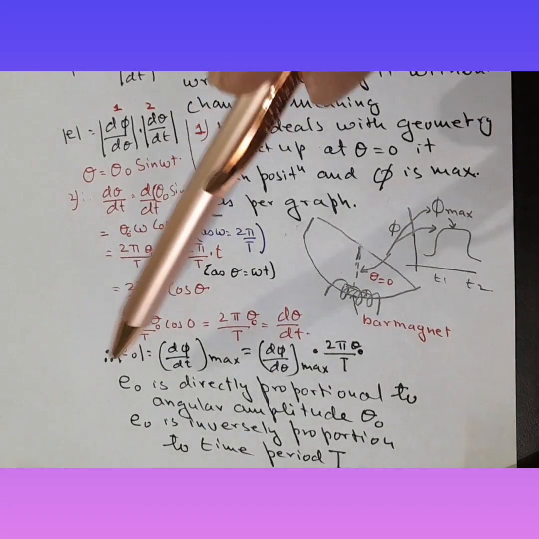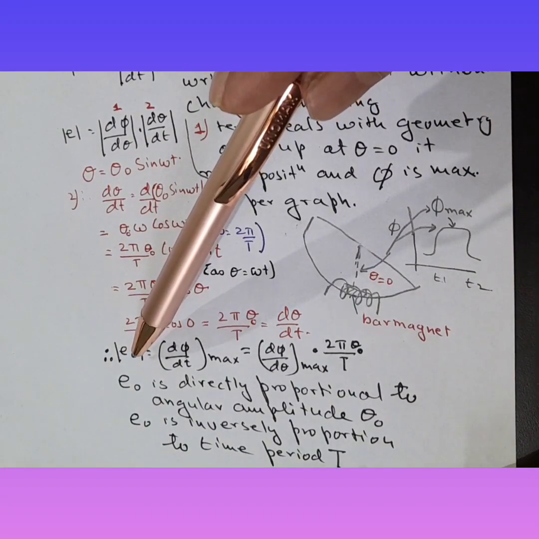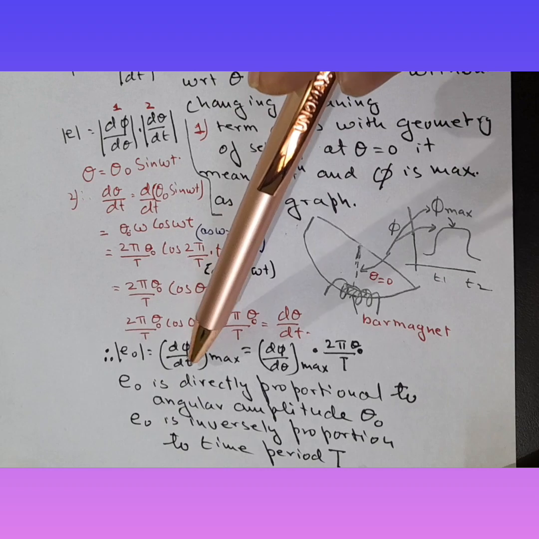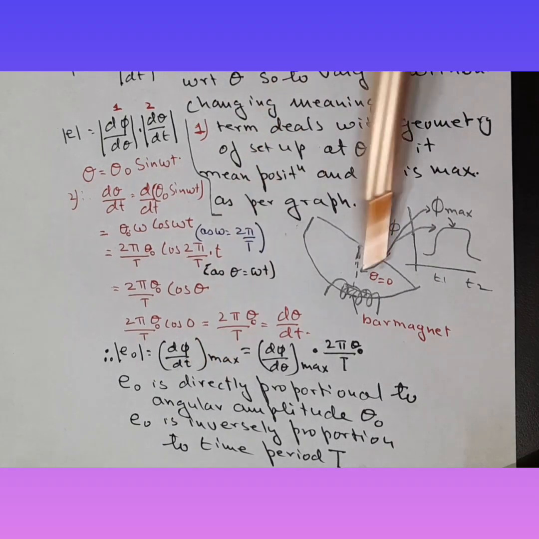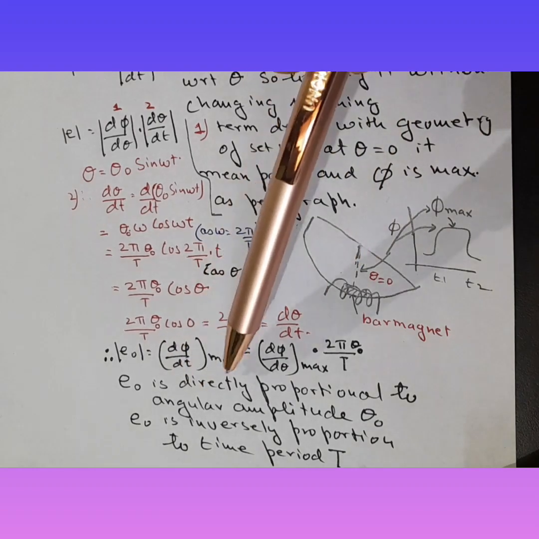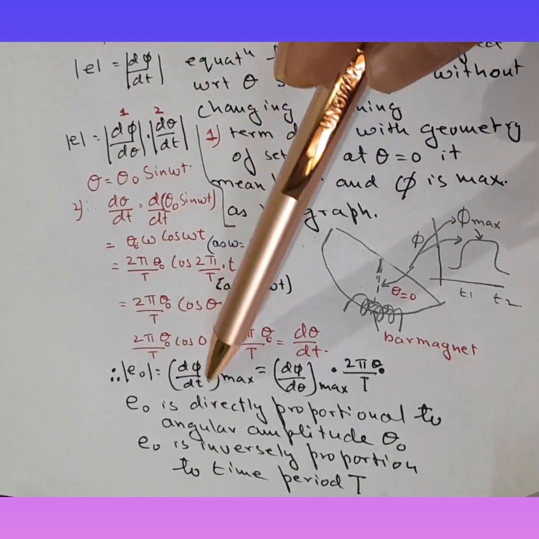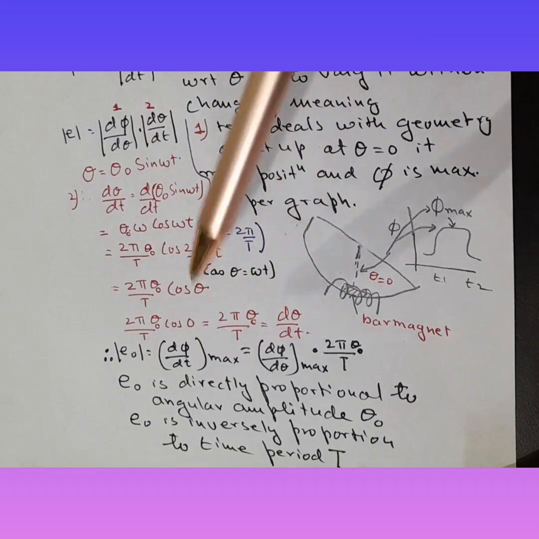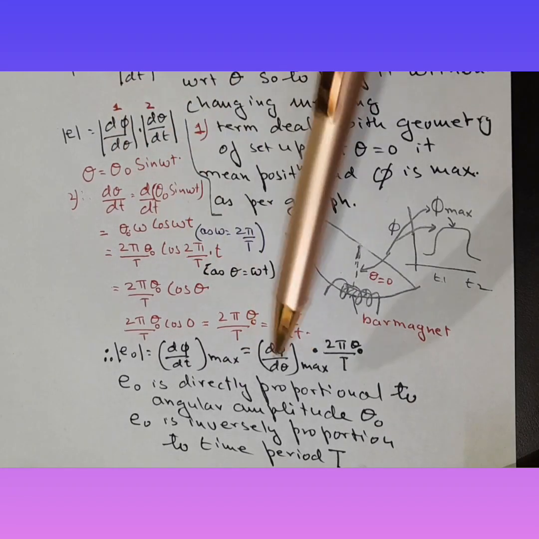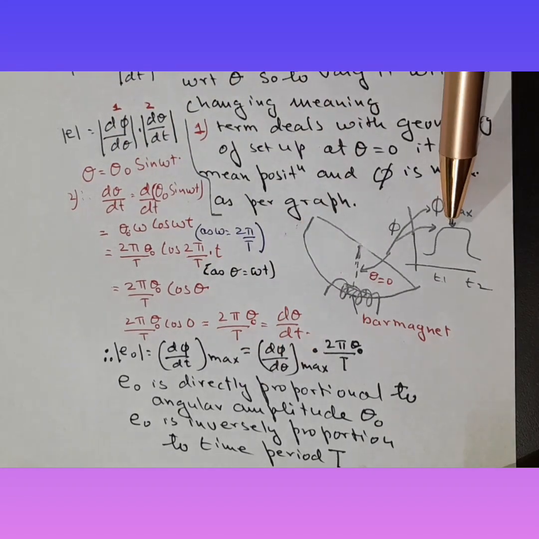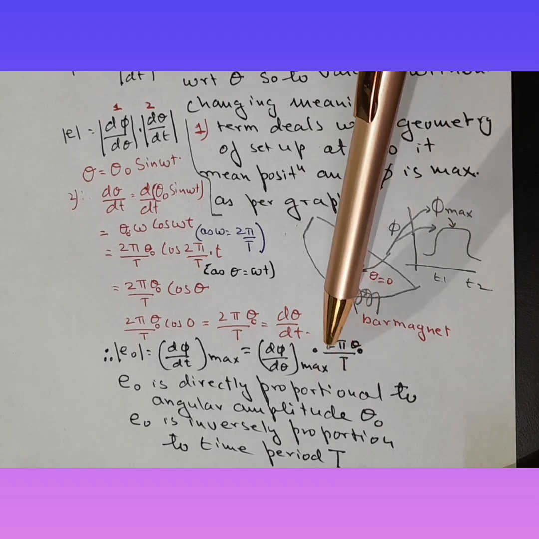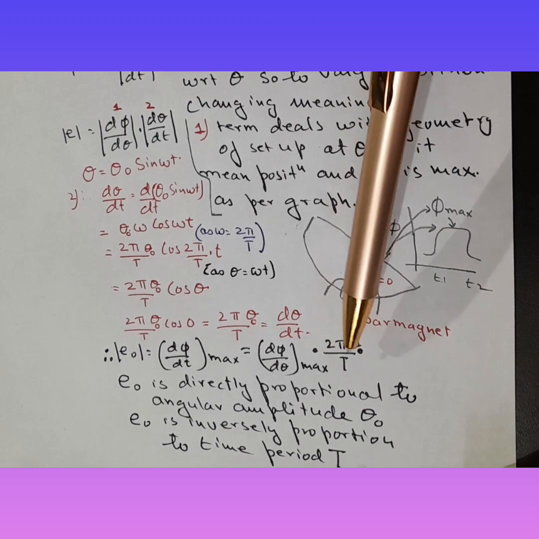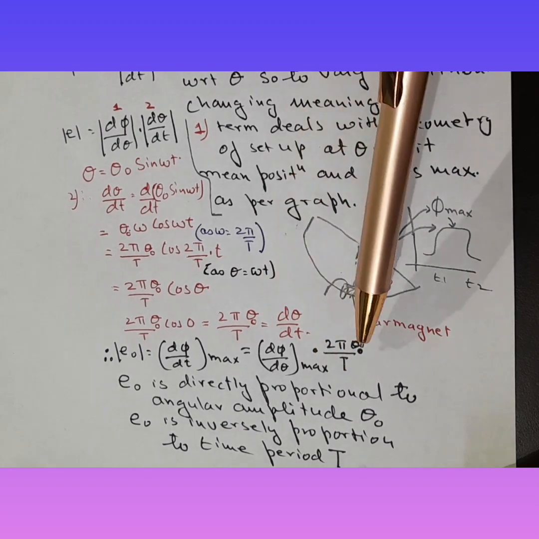Alright, so getting back here, mod E0 is d phi by dt max when theta is 0. Theta is 0 means it's at mean position. D phi by dt max we need. For that this has to be max. We know when it is going to be max. It would be max over here at mean position at theta is equal to 0, and then for this also it would be max, 2 pi theta 0 upon t. That is what we found.